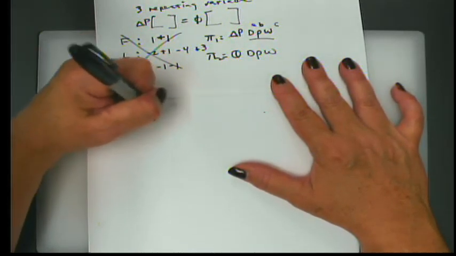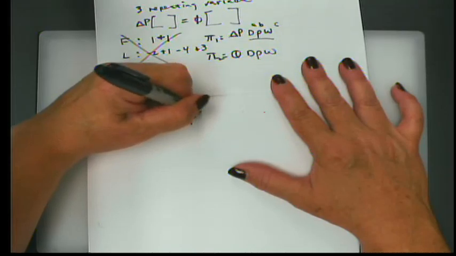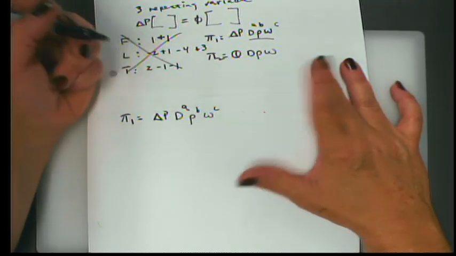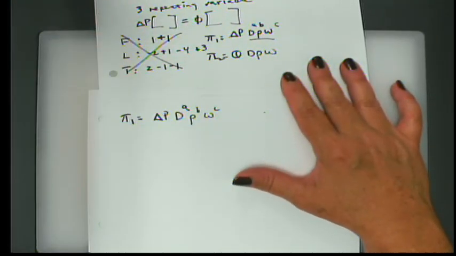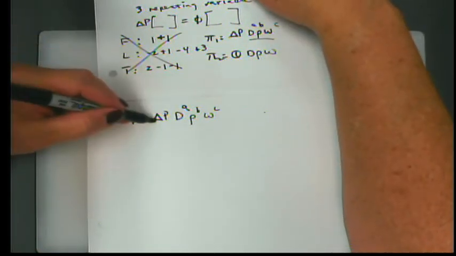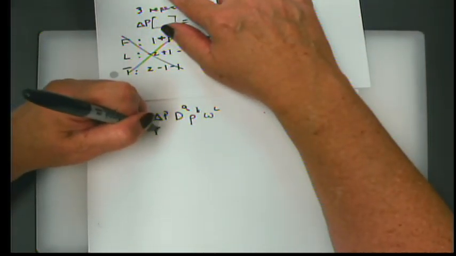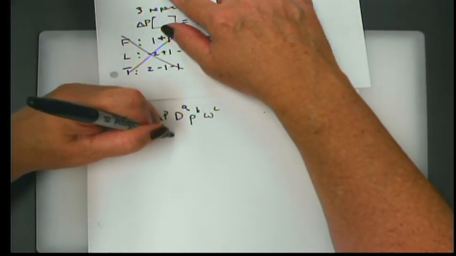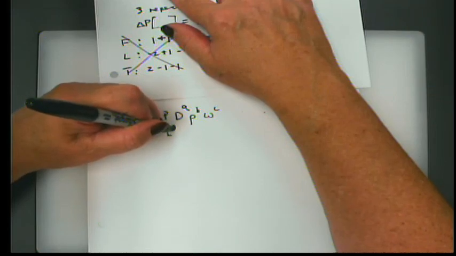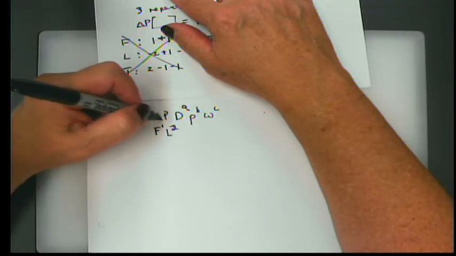We have delta P times D to the A power, rho to the B power, omega to the C power. And we know, going back, that delta P is force to the 1, length to the -2. Since that's raised to the 1 power, those variables stay the same.